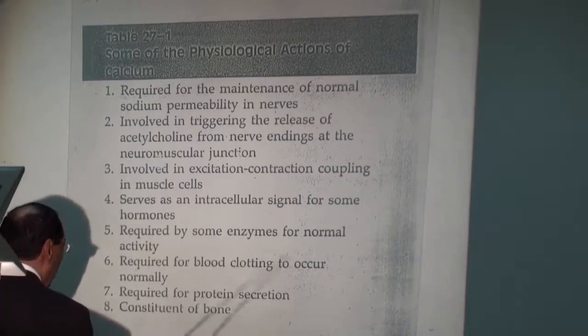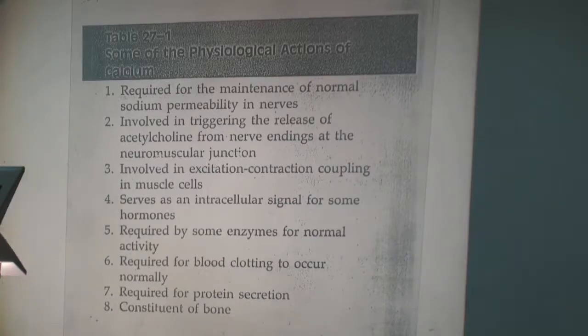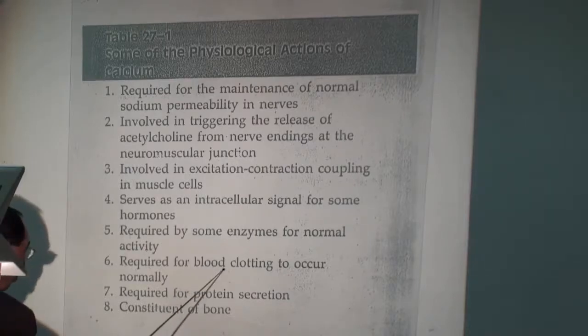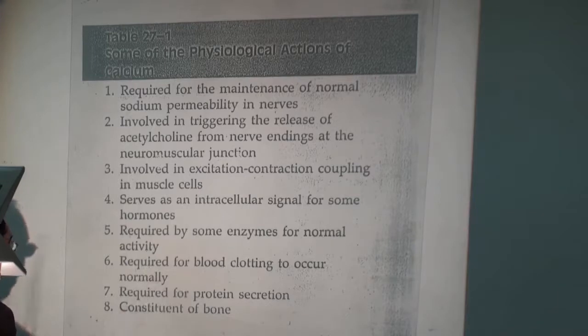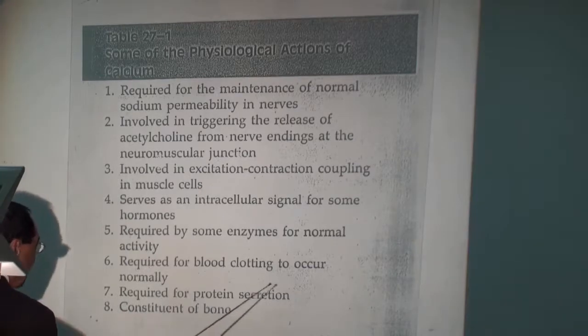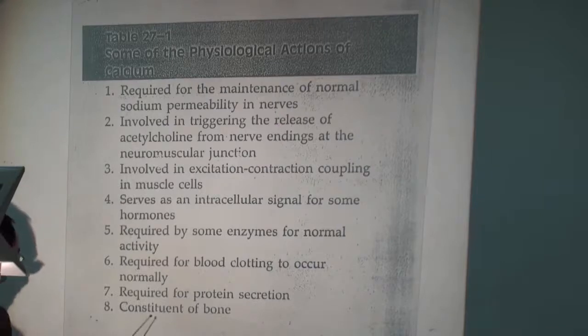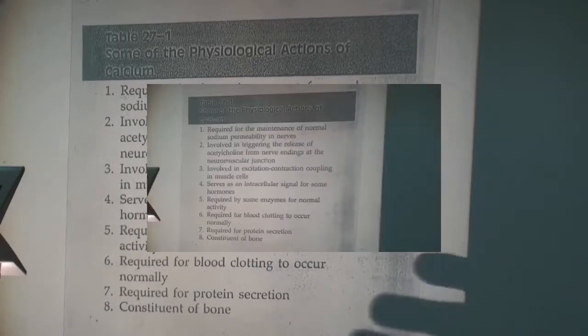It is also required for blood clotting to occur normally. You remember if we remove calcium from the blood, blood does not clot. It is also required for protein synthesis and is a constituent of the bone. These are the functions of calcium in the body. All of them are important.